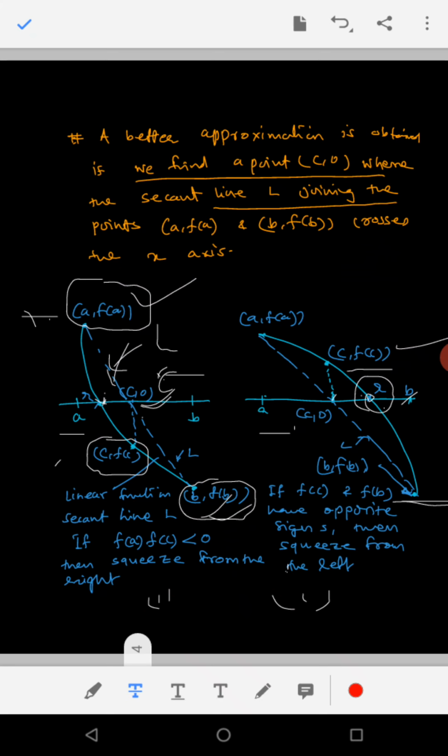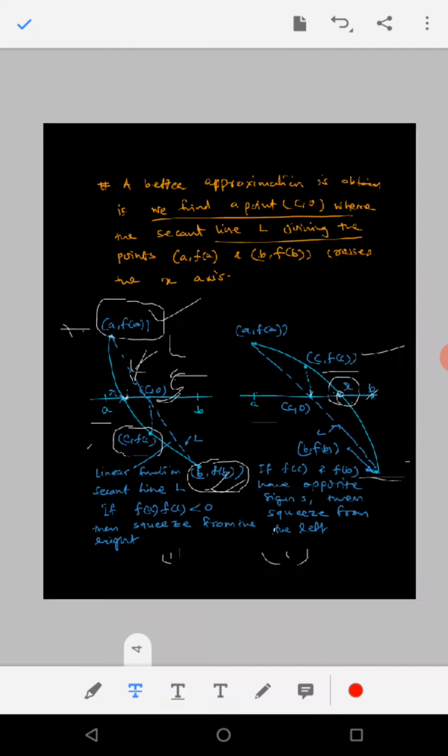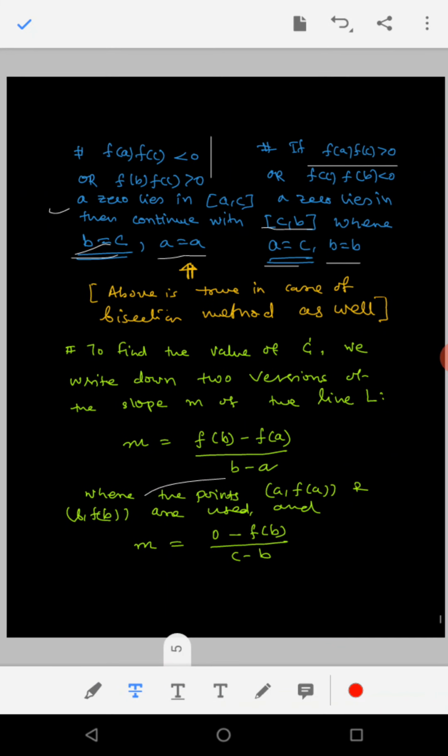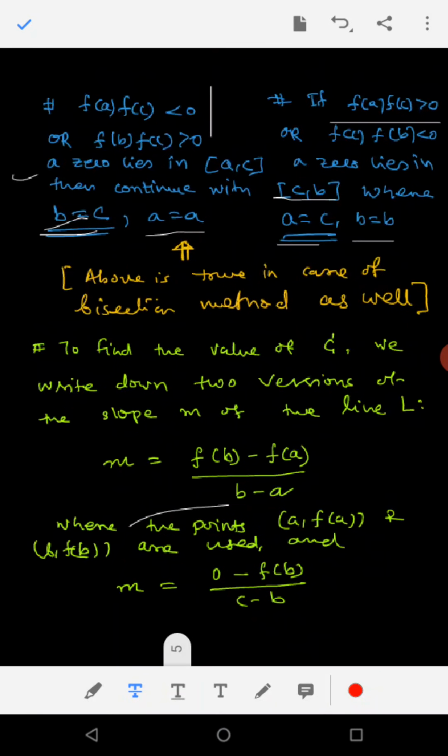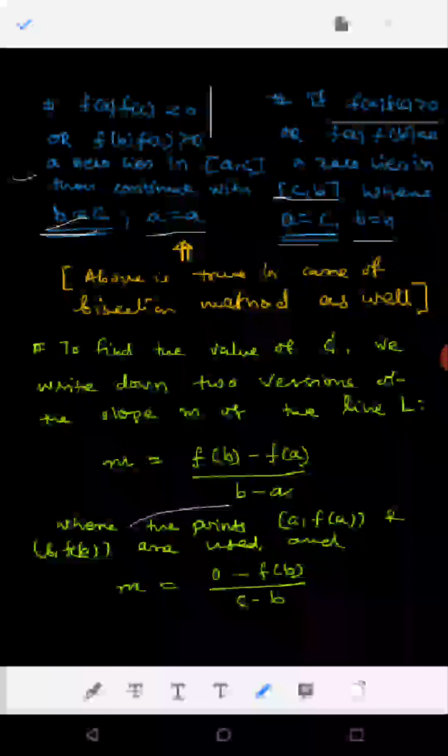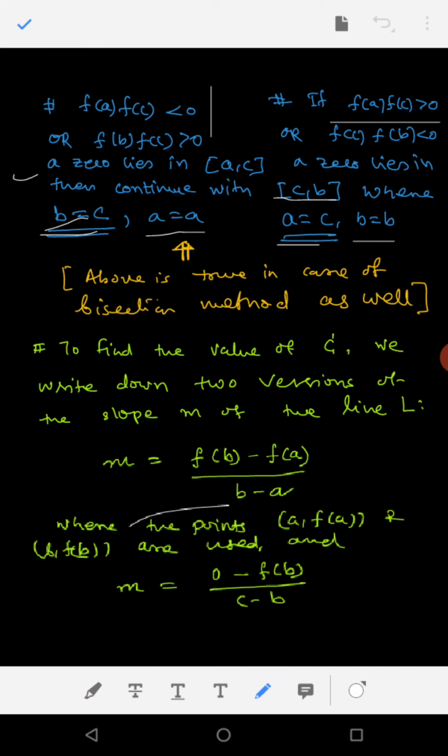So by writing two different slope equations, you can see here m is equal to fb minus fa divided by b minus a, the standard slope equation, because we have the coordinates.